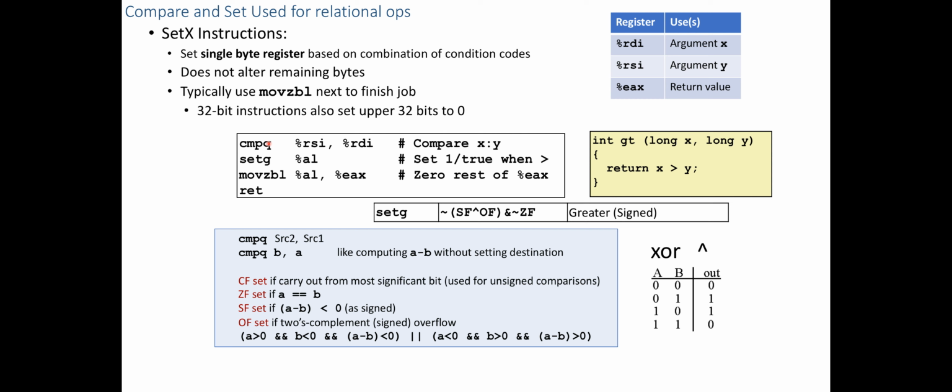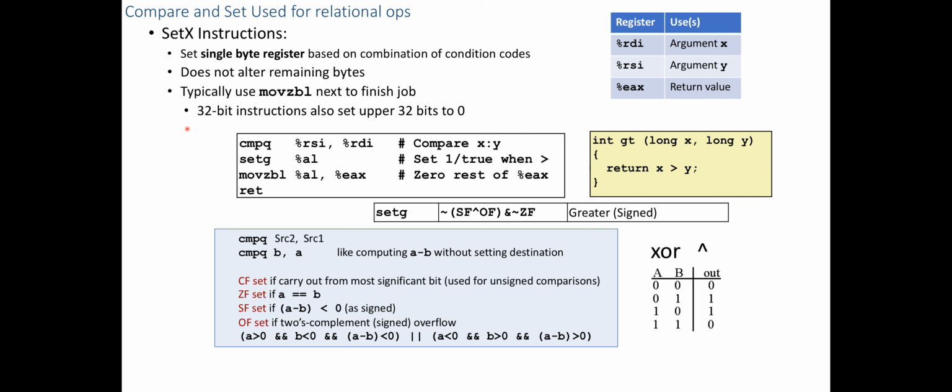So first we have a compare. And remember now that RDI holds the X and RSI holds the Y. And you will notice that RDI is over here and RSI is over here. And that's probably the main thing to remember. I'm going to bring this up again later after we go through this, just so you remember that.